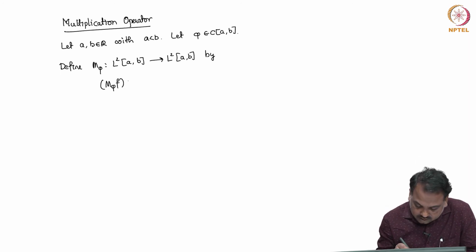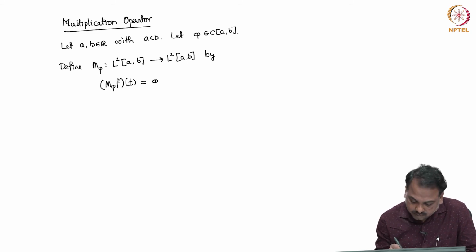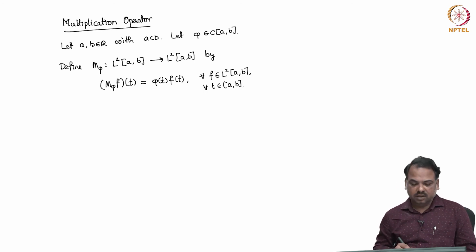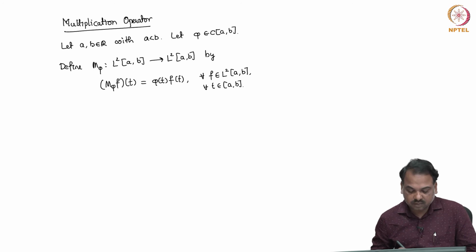Acting on t, a variable in the closed interval [a, b], this is phi of t multiplied by f of t, for every f in L2 of [a, b] and for every t in [a, b]. This operator is well known as the multiplication operator induced by phi.